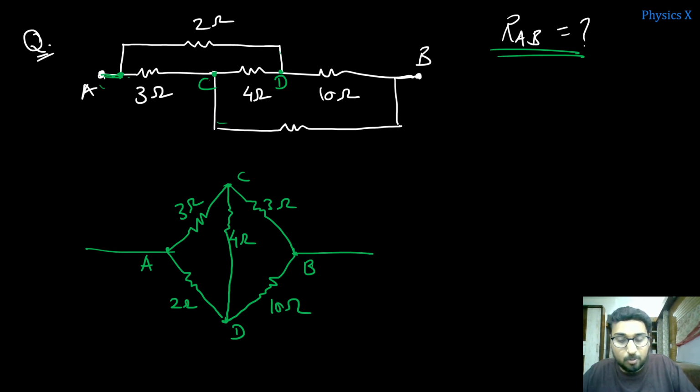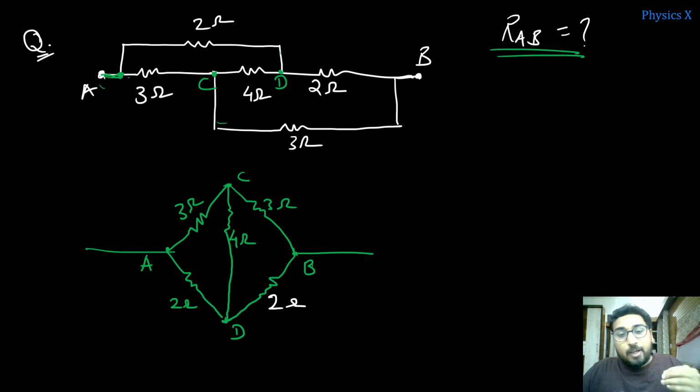Let us mark this resistance as 2 ohm. Right, this is 2 ohm. So between B and D, it becomes 2 ohm only. And between C and D, it is 4 ohm.